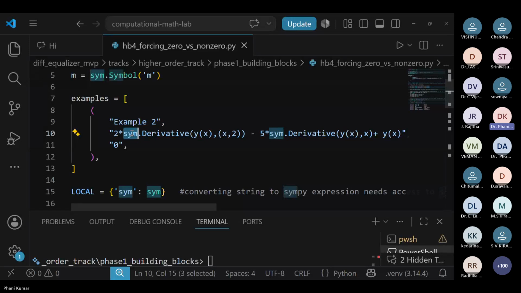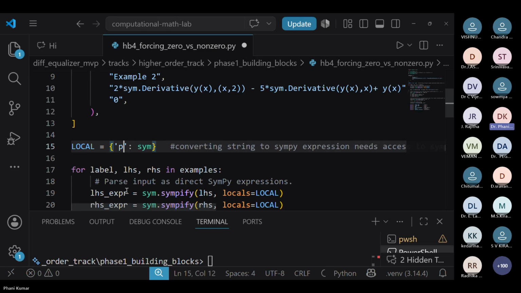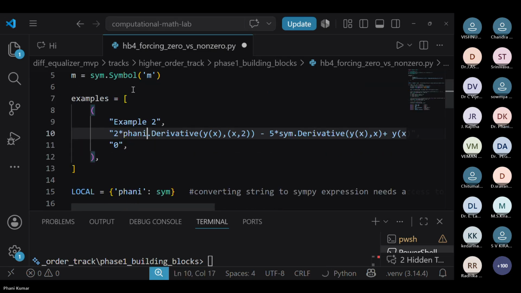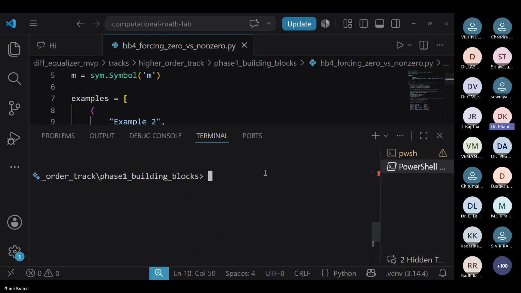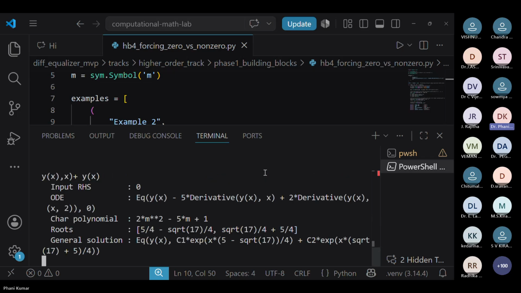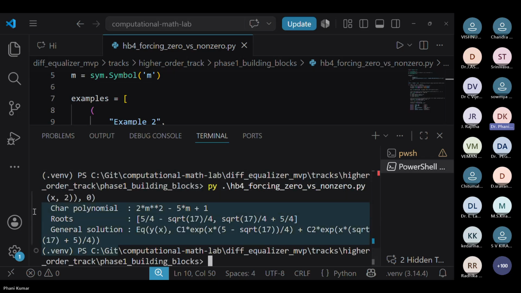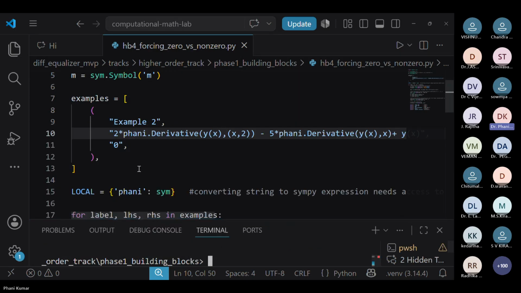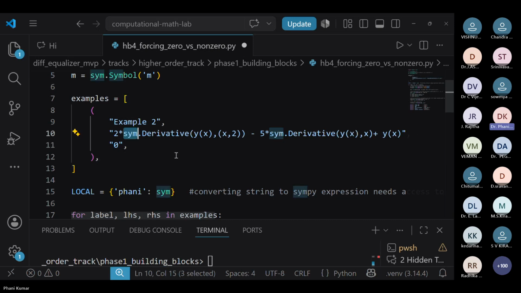Or otherwise, if you are using that same sim and not using another variable, then I can get that one. So that is the local variable, because sim is the global variable.